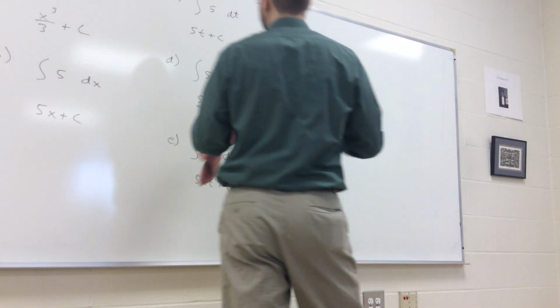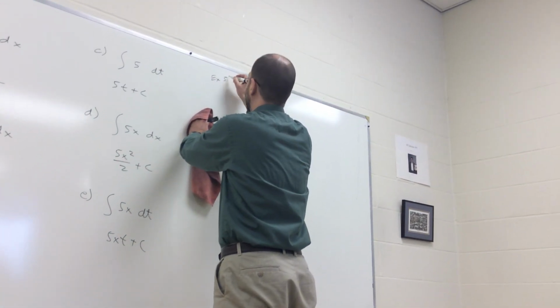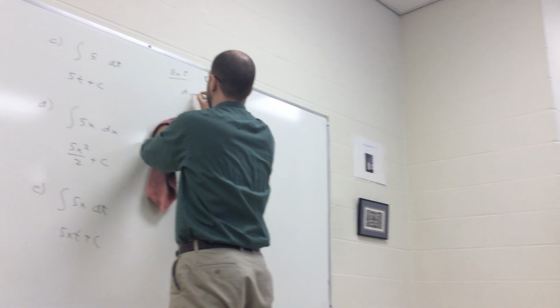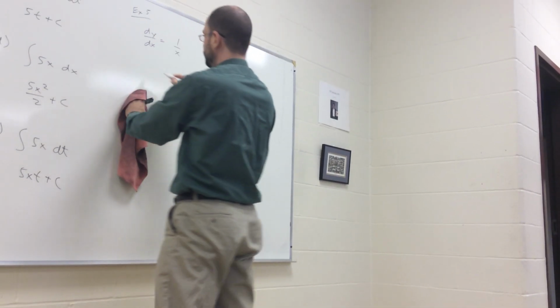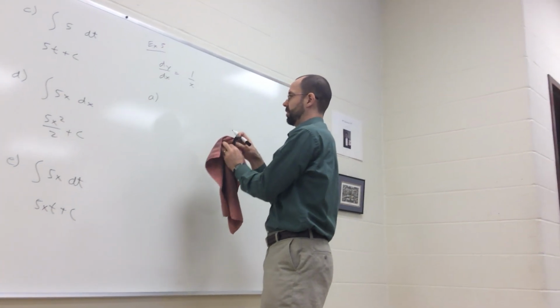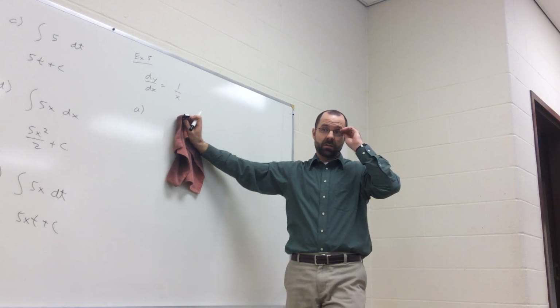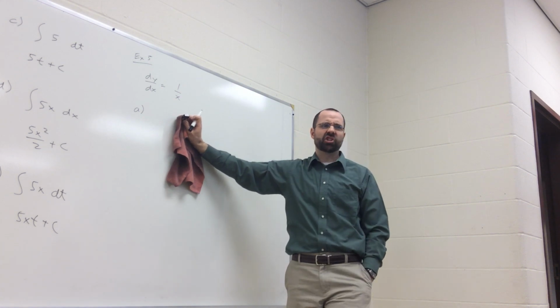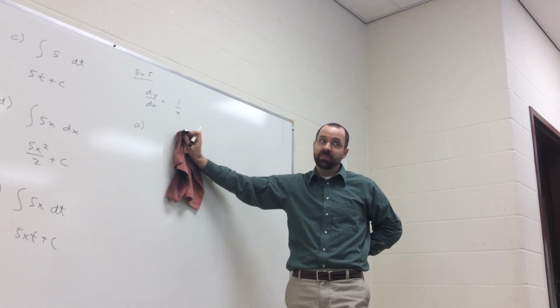Okay. We're going to look at another differential equation. This one is dy dx equals 1 over x. So just generally, without thinking too deeply about it, and then we're going to think deeply about it in a minute.